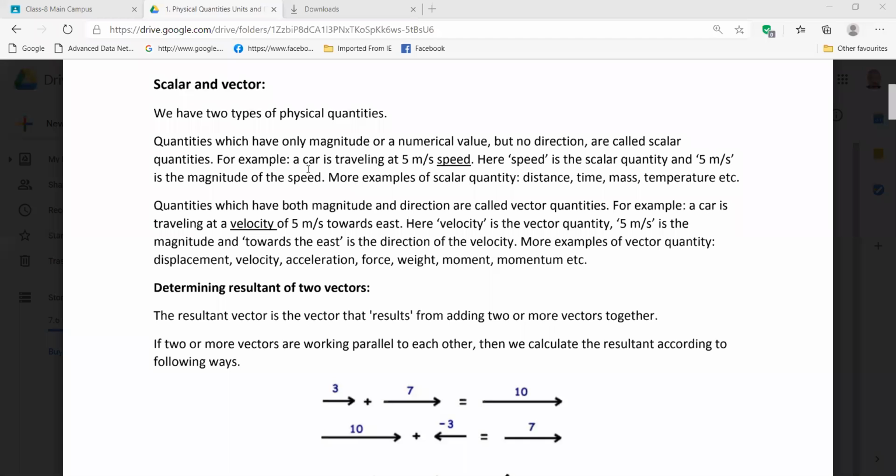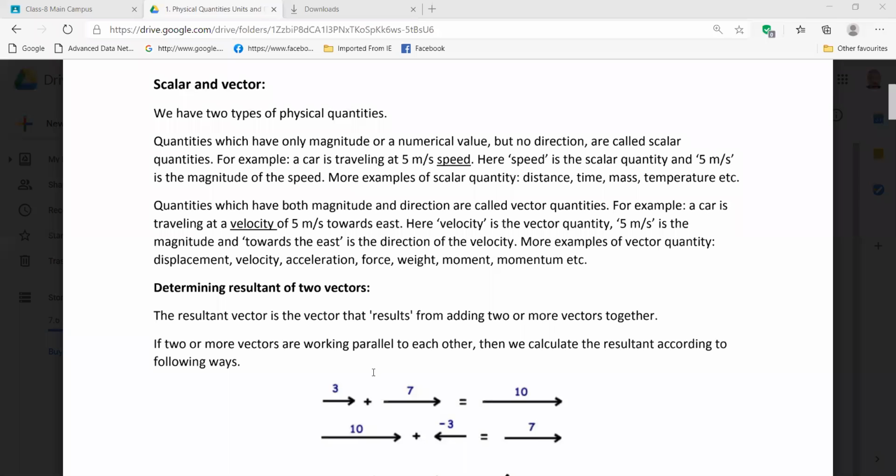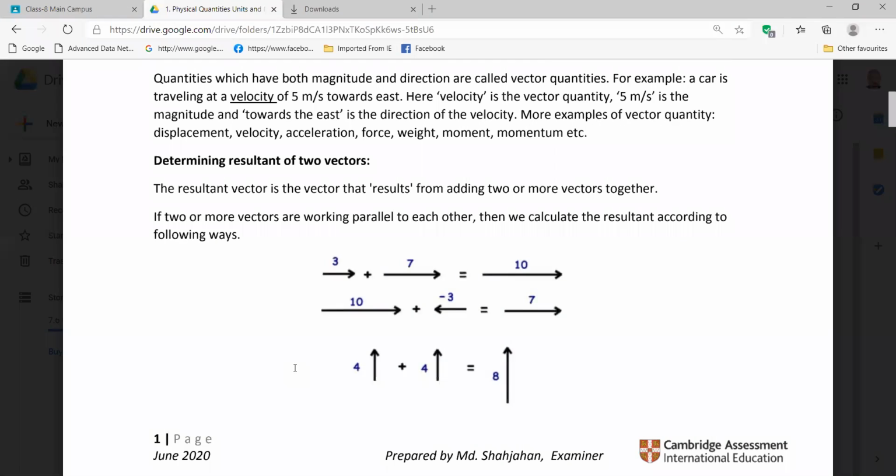So what we are discussing, that vector quantity, already we understood here that if it is not a vector, like this one 3 and this one 7, it is 10, fine. But if it is not a vector quantity, then 10 plus 3 will always be 13, right?